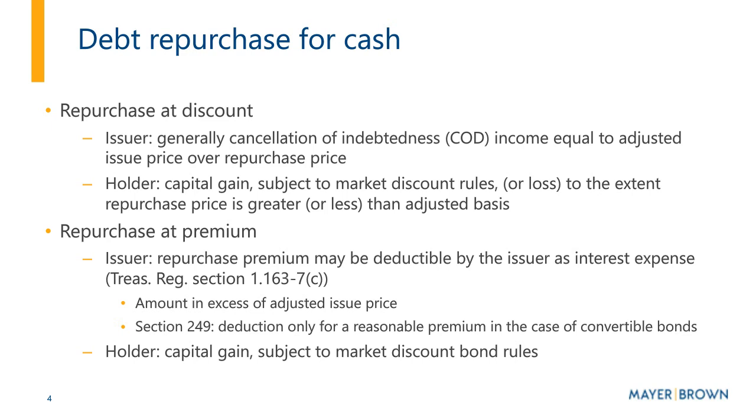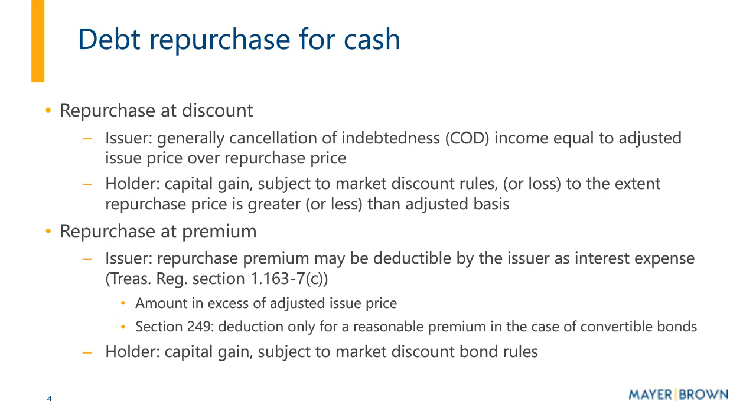Obviously it requires cash, and if you do buy back your debt, the accountants tell me that you can book earnings immediately in the amount of the discount. I'm not an accountant. I think that's true, but check with your accountant to make absolutely sure.